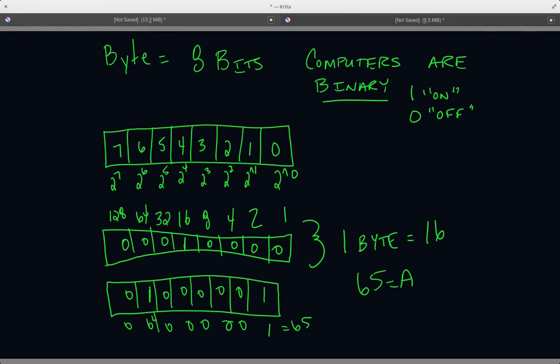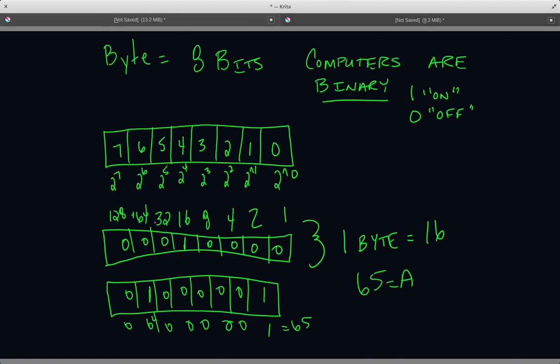So I just want to come back and talk about what the maximum value 1 byte can be. So if we look over here and we're at 2 to the 7th power, which is 128. So the idea is if we switched all of these on, what would the maximum value be?